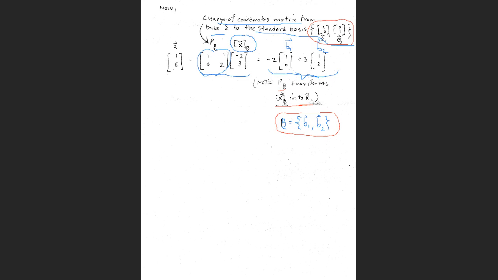And of course, I'll note here that the vector x equals P sub B times the coordinate vector. Sometimes I call that my peanut butter matrix. I don't call it that out loud, but I think about it in my mind.